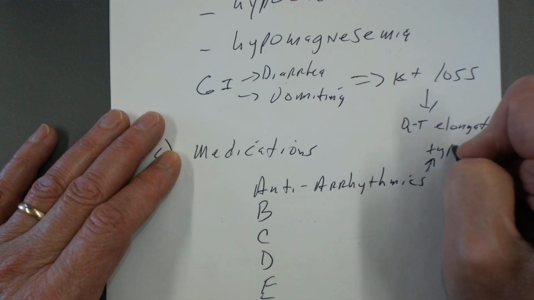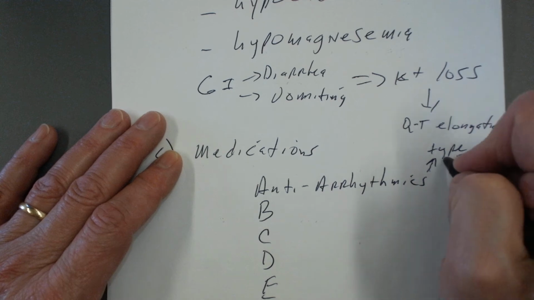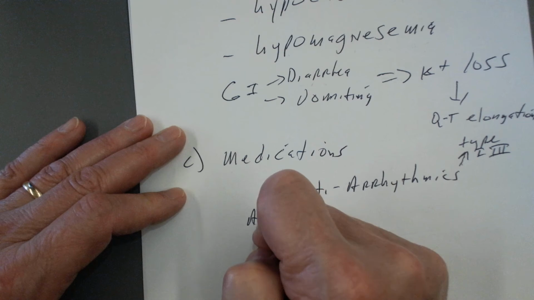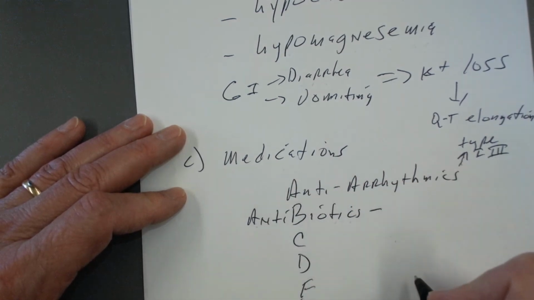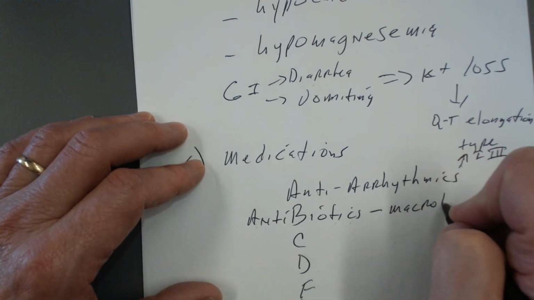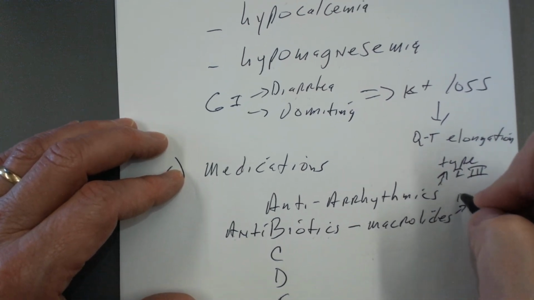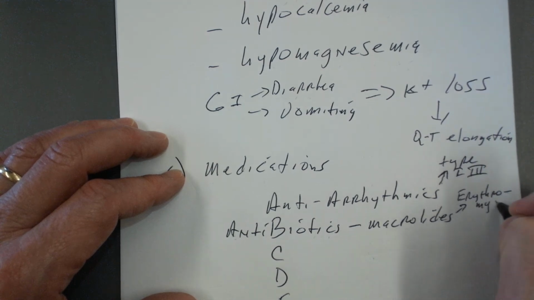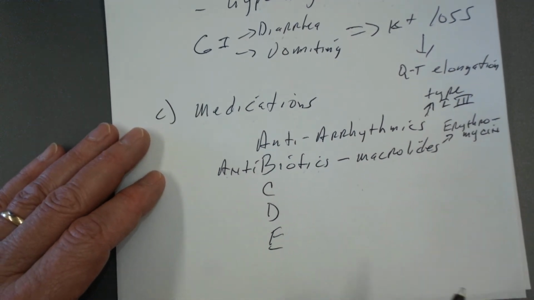That would be your type 1s and your type 3s. B is going to be antibiotics. And the group here will be your macrolide antibiotics. Biggest culprit here is erythromycin. Tends to be dose dependent with erythromycin.